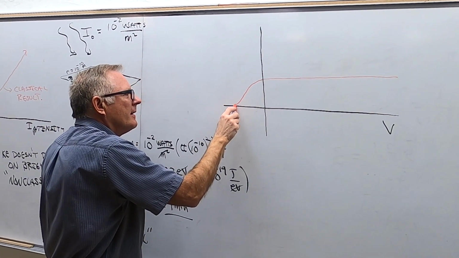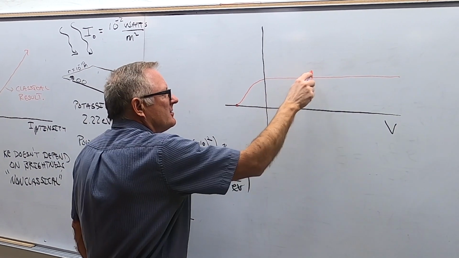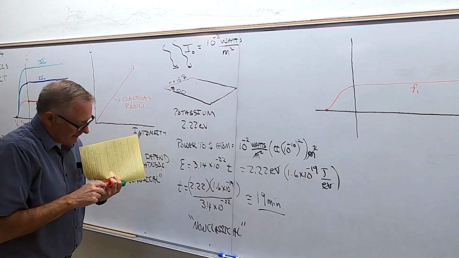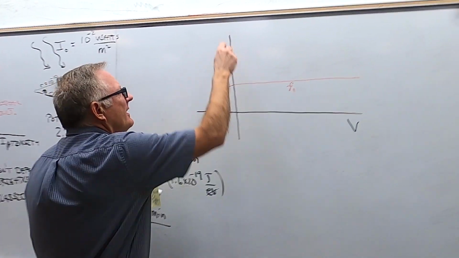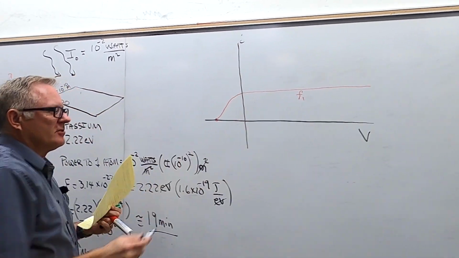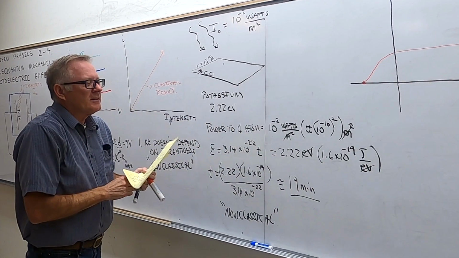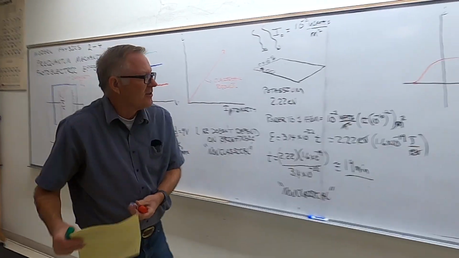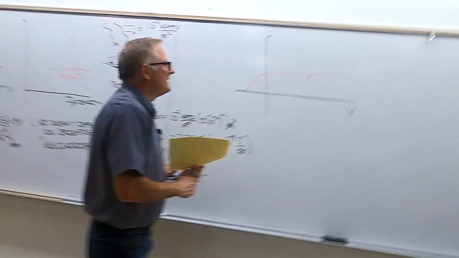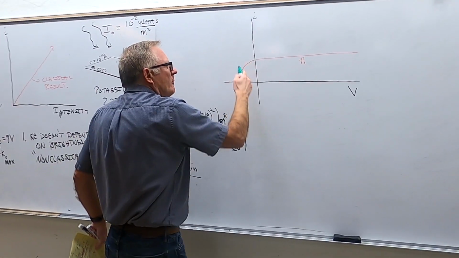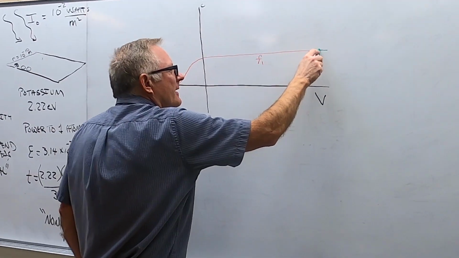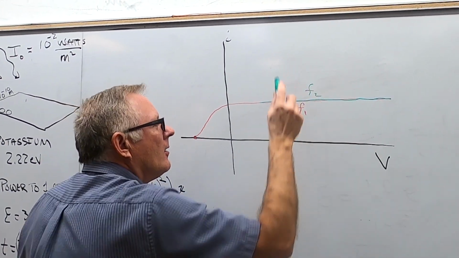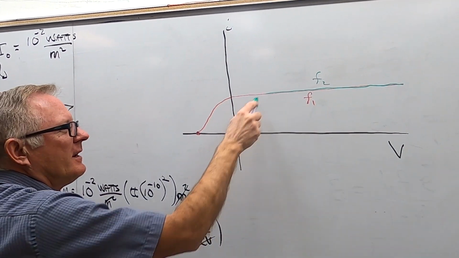So let's call this frequency 1. Again, this is current versus the voltage. Well, let's make the frequency larger. If we make the frequency larger, we don't get any more current right here. This is, say, F2, where F2 is bigger than F1.